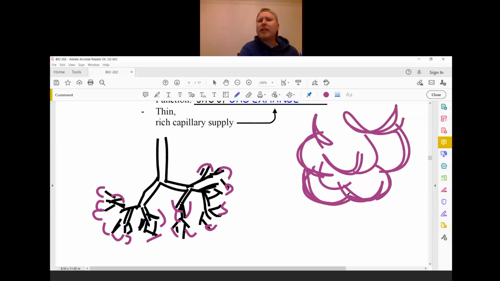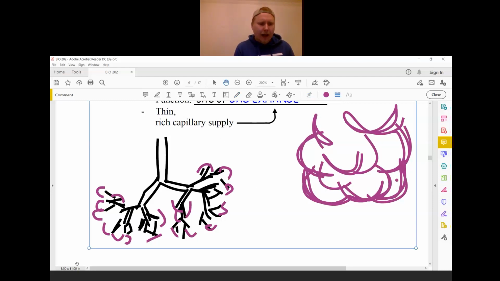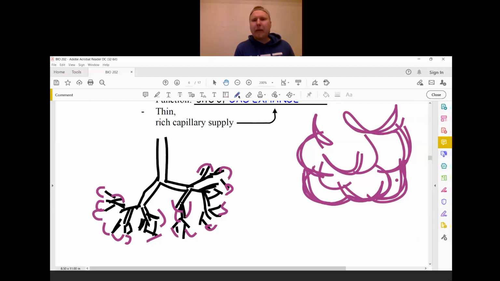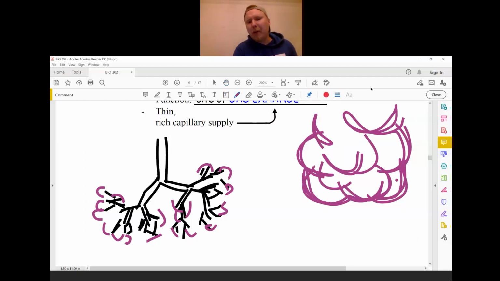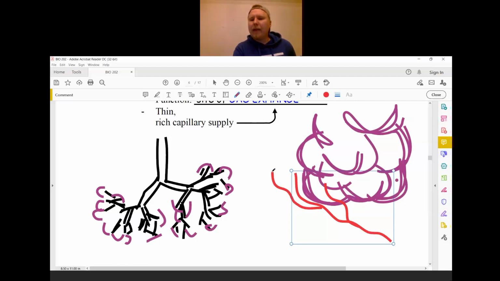And what we notice is that next to the alveoli, we have a lot of blood capillaries running. And this is going to be for the pulmonary circulation. And what these capillaries do, they run very close to these very thin-walled alveoli.